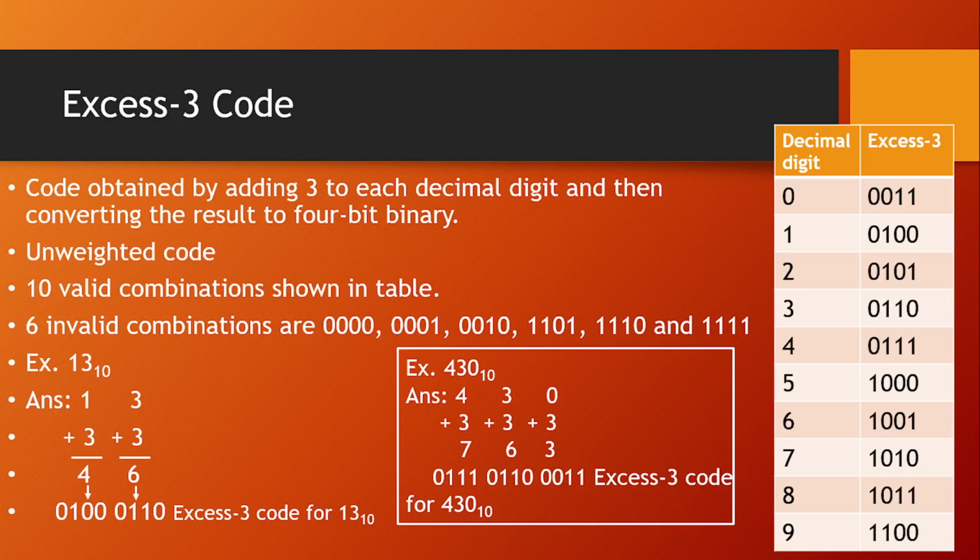Here the weights of each bit are 8, 4, 2 and 1, starting from left to right, and 1, 2, 4, 8 starting from right to left. Then gray code. Gray code is important for computers, and an important property of gray code is that any two successive gray code numbers change only in a single digit.